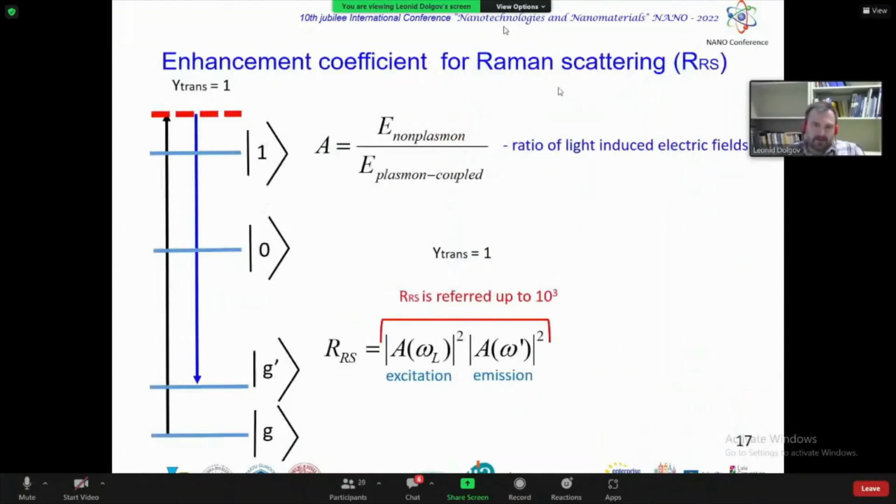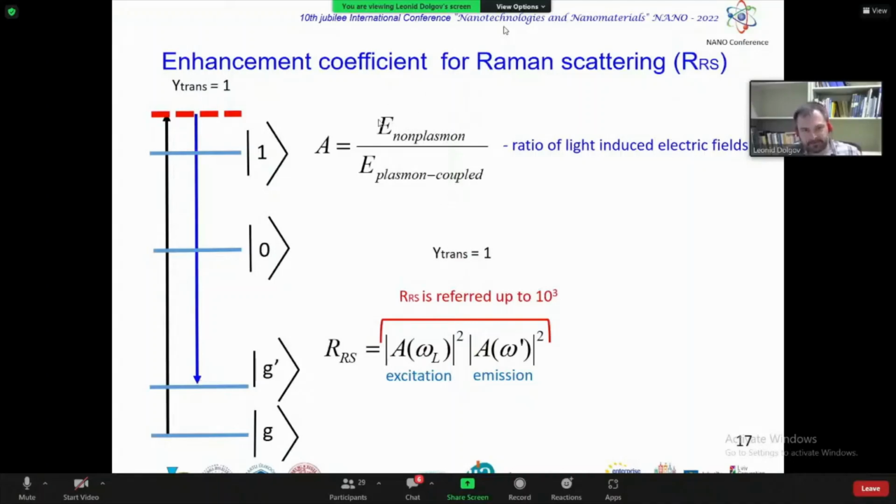Coming to the cases which they and we analyzed, the first case is Raman scattering, illustrated here by this energy diagram. When we excite to excited level 1, it relaxes without transfer, meaning that from the same level it relaxes immediately.